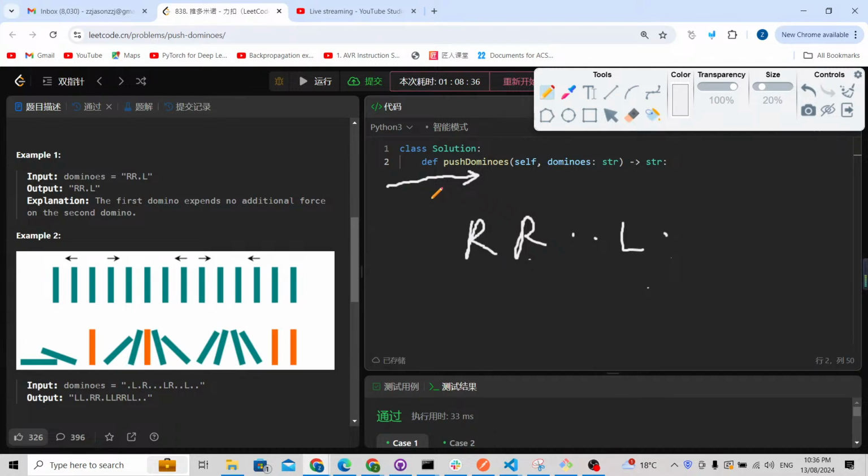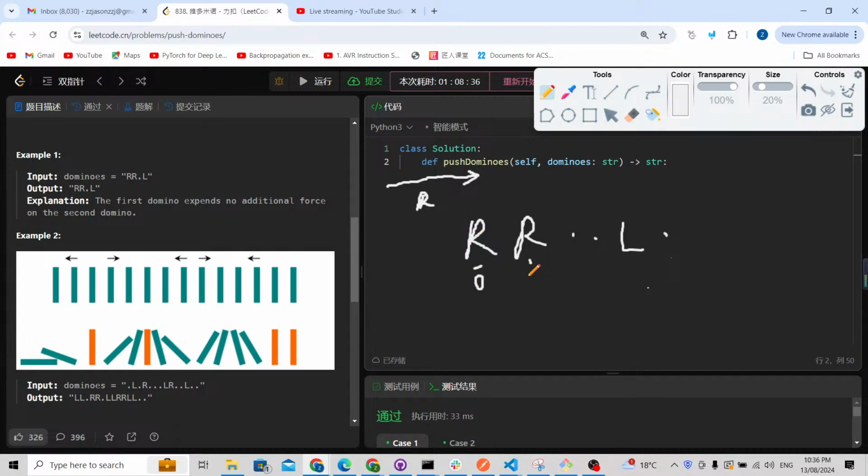From the left to the right side, we're gonna check the force to the right. So this is a force to the right, and this is also a force to the right. We're gonna record the closest distance to the force of R. For this position, the closest distance to this R from the left side is this R, so it's going to be 0.